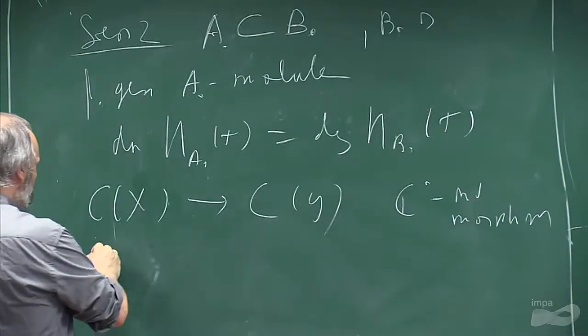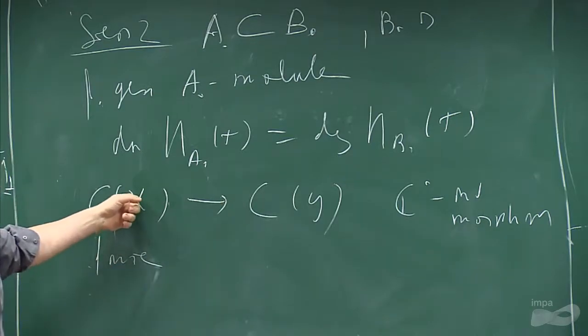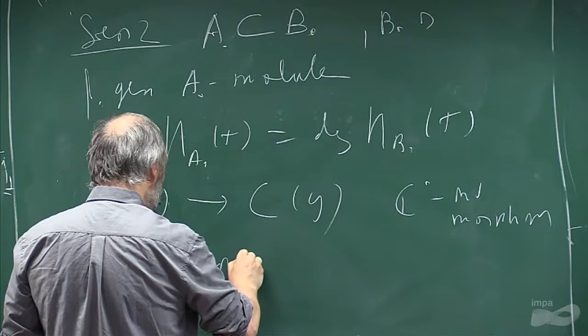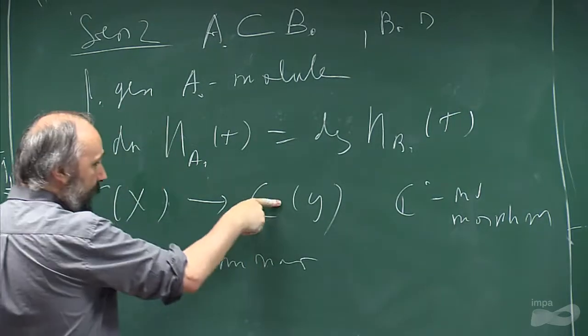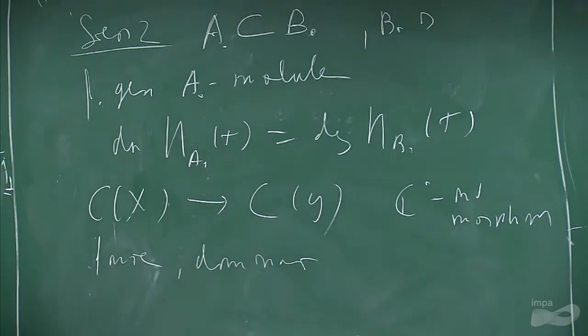And then suppose it's finite, so that this is a finitely generated module over that, and dominant. So that the ring of functions here is contained in the ring of functions there.